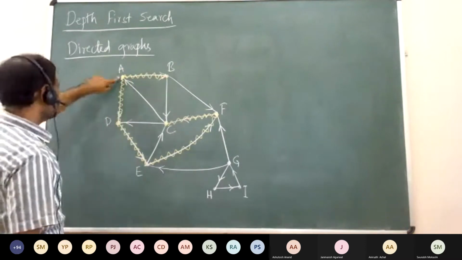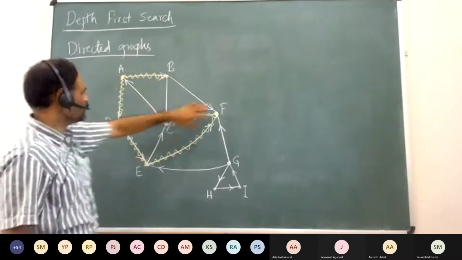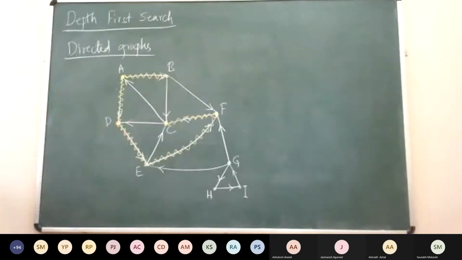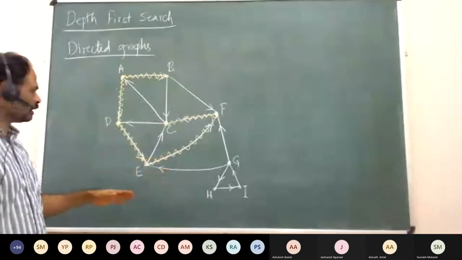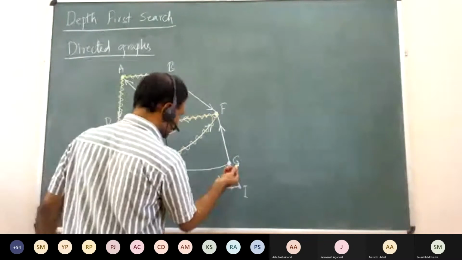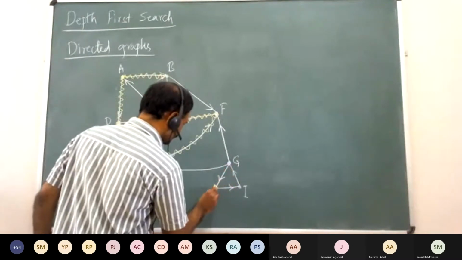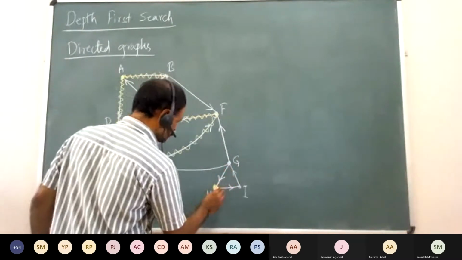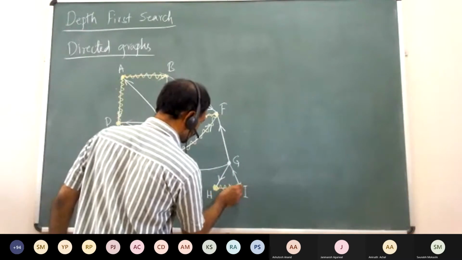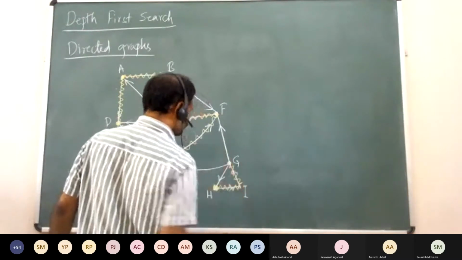Because there is no other neighbor from any of these vertices, out neighbors from any of these vertices, which are not visited now, right? Then it goes back to the main loop and still there are vertices which are yet to be visited, right? You go and start it somewhere, right? So maybe you start it at H here, right? Then you start at H, you go to I, then you go to G, right?